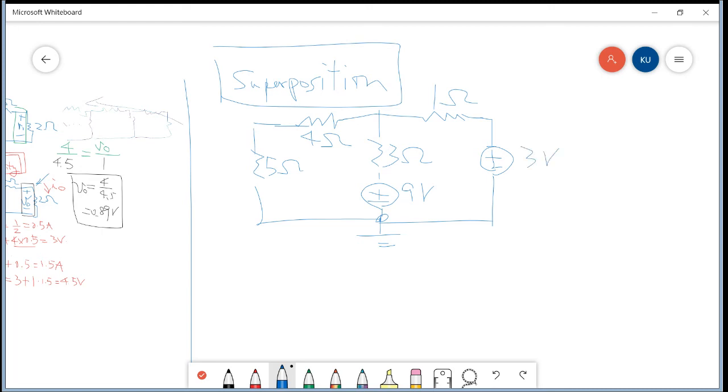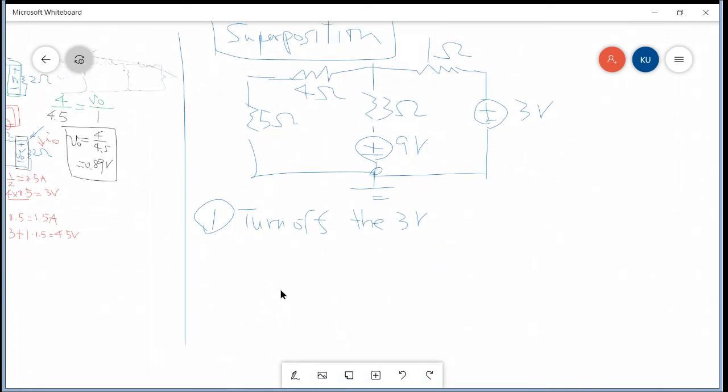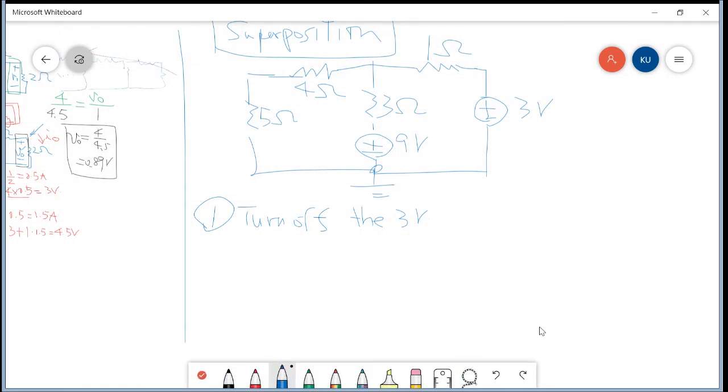So the circuit looks like this, and if we apply the superposition method, we first turn off the 3 volt source, which means that part is a short circuit, as I've mentioned in the first part of this lecture.